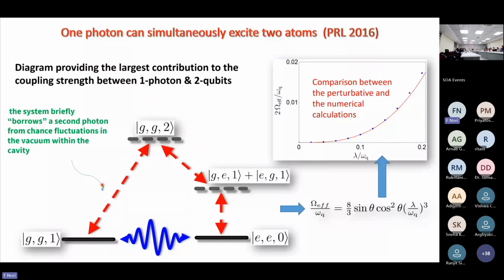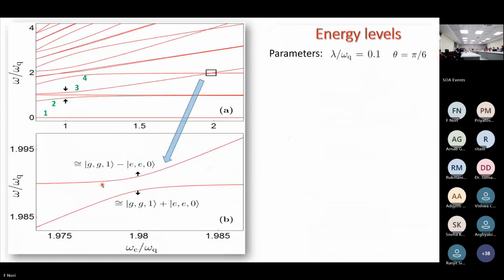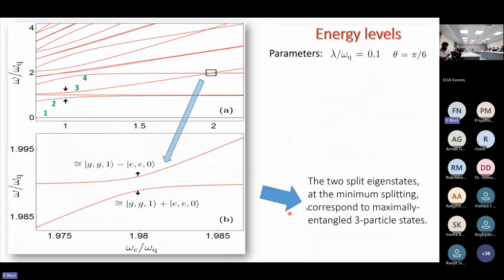And in general, if you do this for more, essentially, the two split eigenstates at the minimum splitting correspond to a maximally entangled three-particle state. This is proved in our PRL, and also in a longer version afterwards. So at the splitting there is a maximally entangled three-particle state. Okay, thank you. You're welcome.